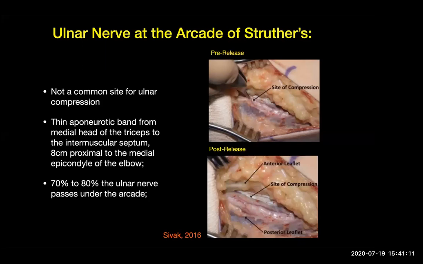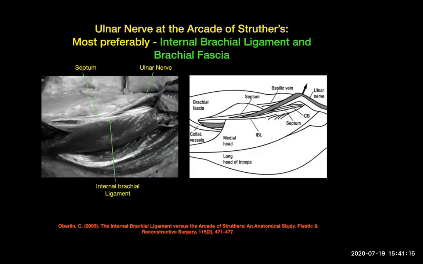So you can scan it back and forth and try to see how it looks. So how does it look? Here, this is a diagrammatic representation. And as you can see here, what used to be just a ligament, they actually identified to be made up of what they call the internal brachial ligament or the brachial fascia.